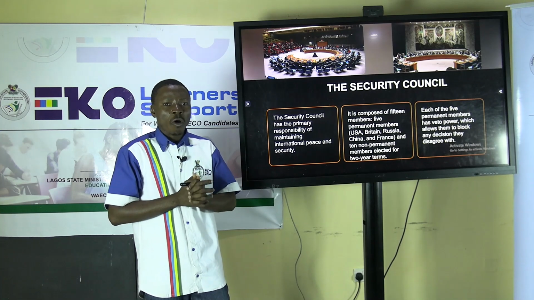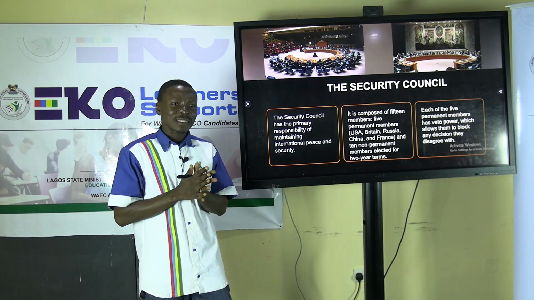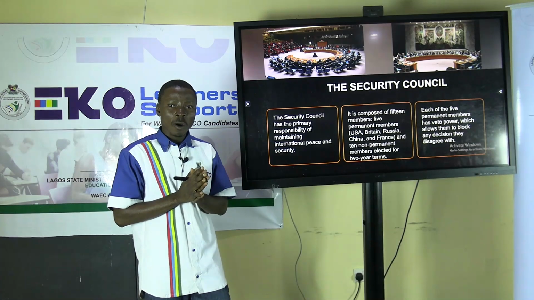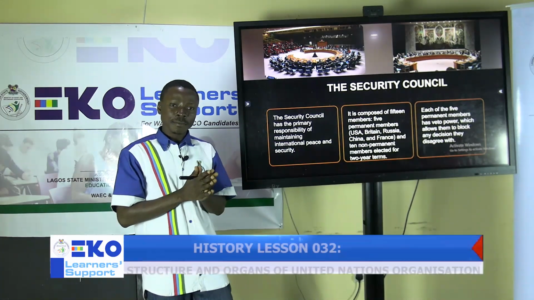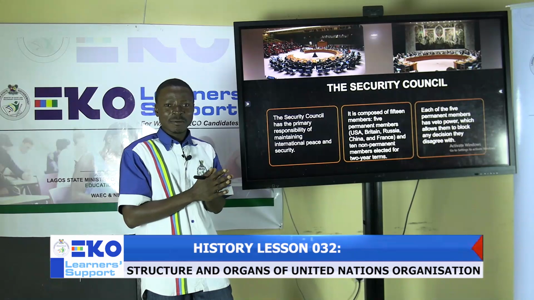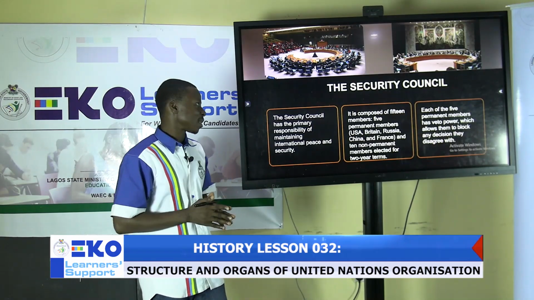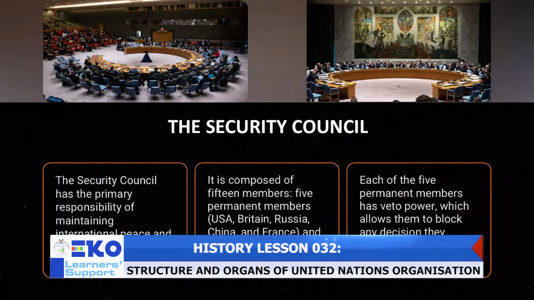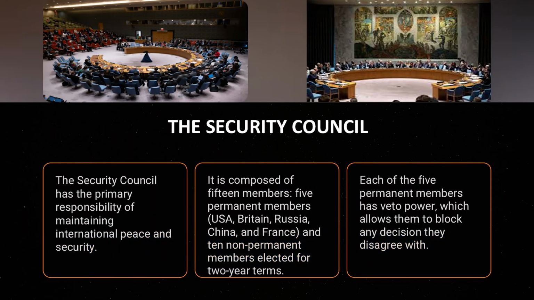The aim is to make sure that international peace and security is maintained and that any event that can threaten the current stability is attended to. It is composed of 15 members: 5 permanent members and 10 non-permanent members.